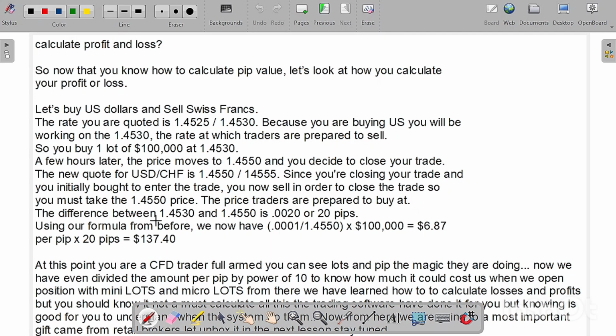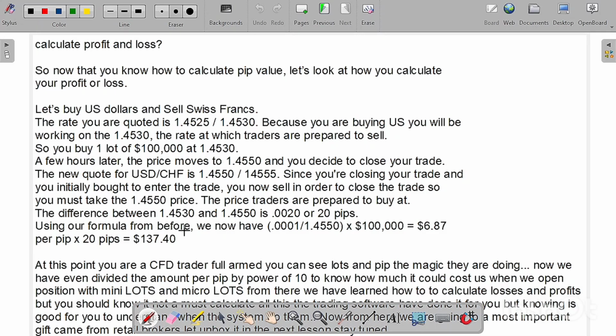The difference between 1.4530 and 1.4550 is 20, because now it is subtraction. You take this figure of 1.4550, you minus 1.4530, and then you'll get 20 pips.